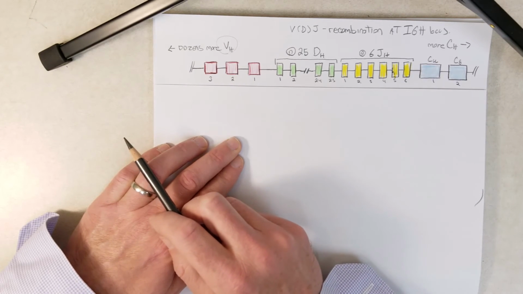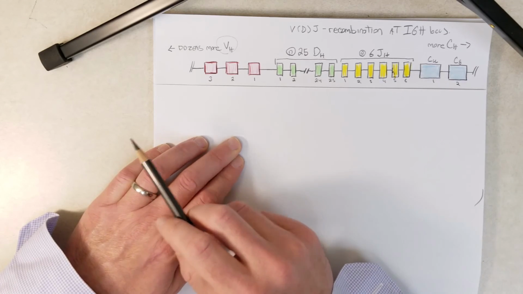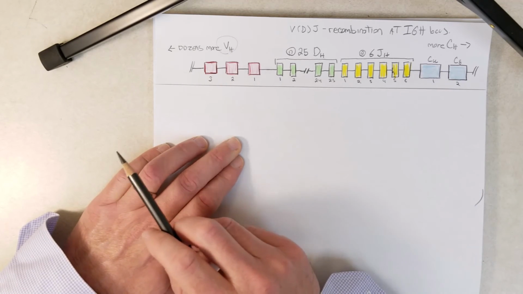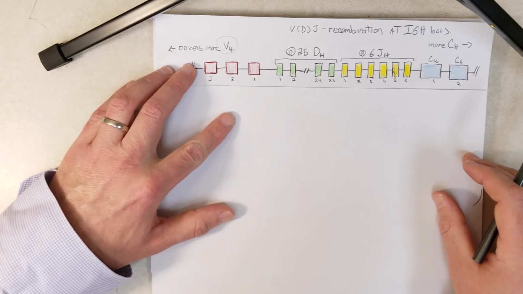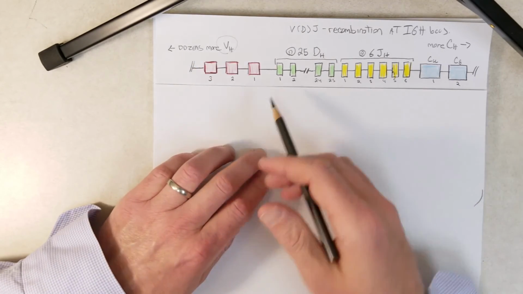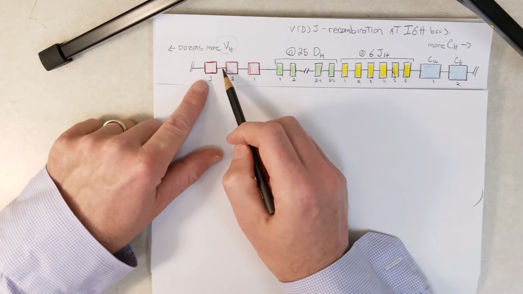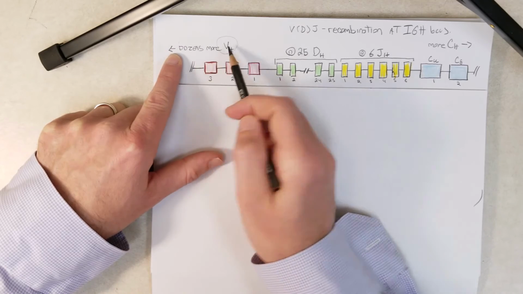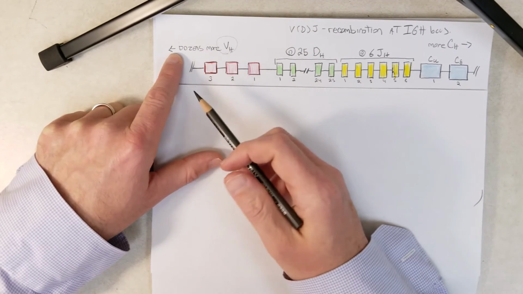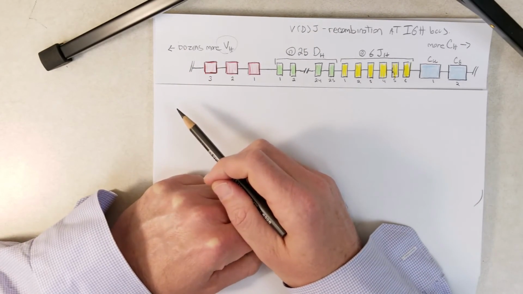A recent study I just looked at said different humans have different numbers of these things, which makes sense. I don't know why I didn't predict that. So in my diagram, I have just dozens more. Let's just focus on there being dozens and dozens of these things at the IGH locus in humans.